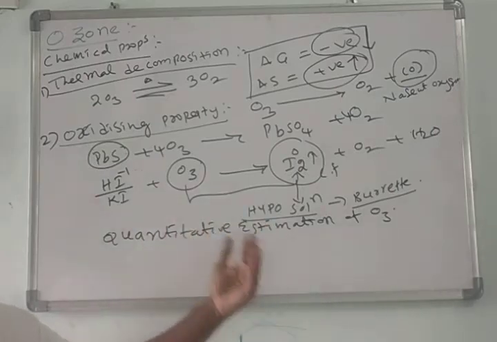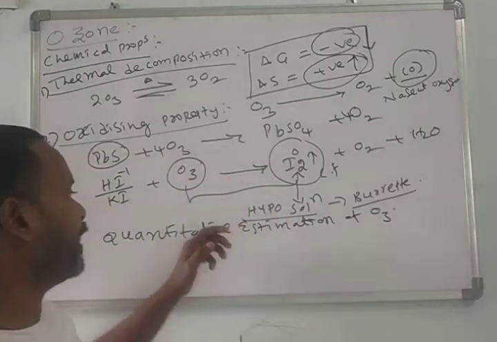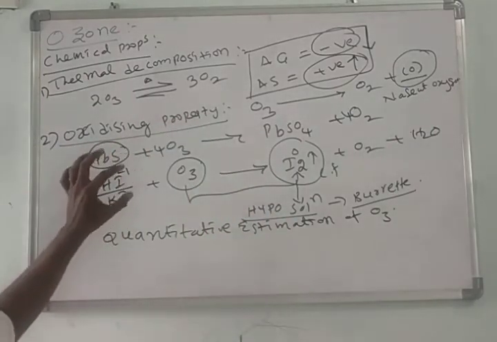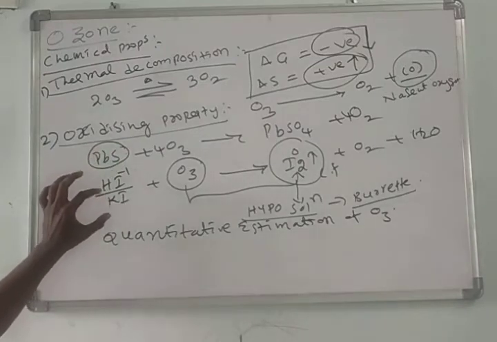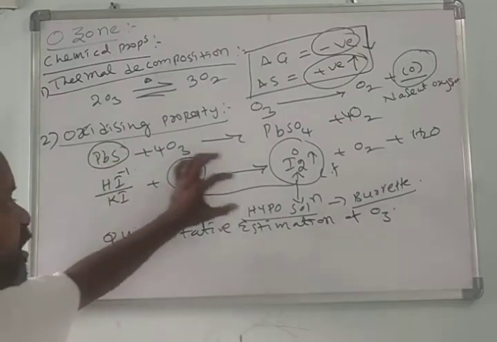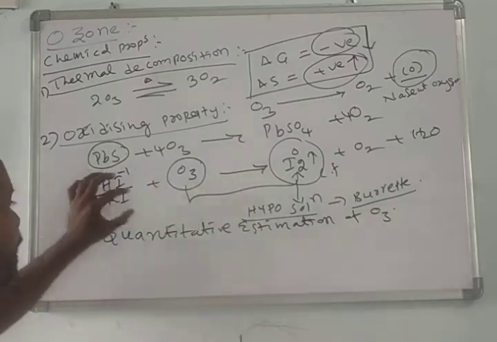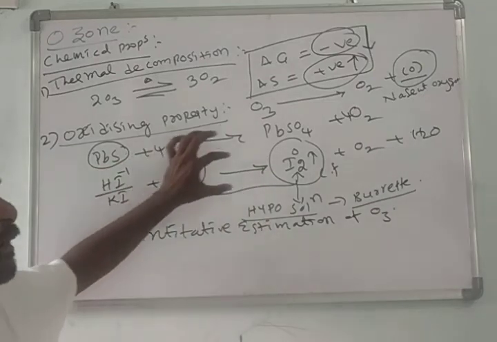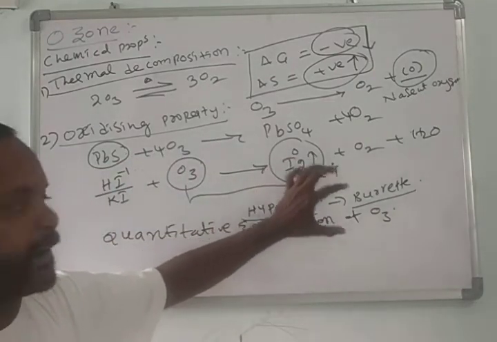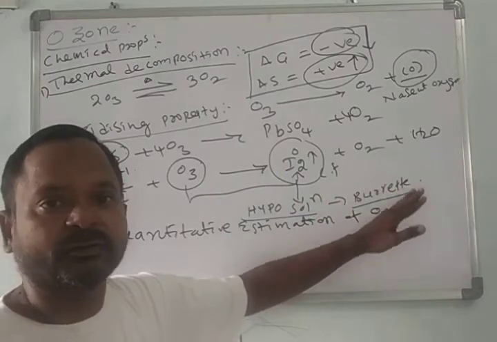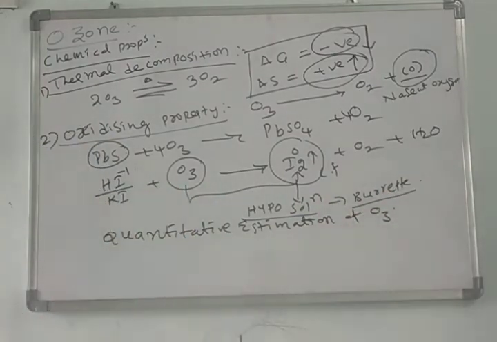It is determined by titrating the iodine solution, that is the potassium iodide and ozone mixture, against the hypo solution, which is taken in the burette. This is about the quantitative estimation of ozone.